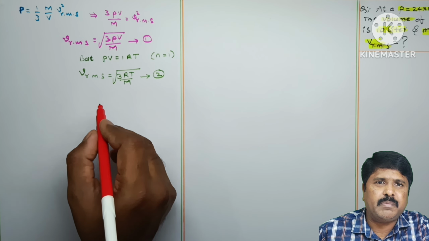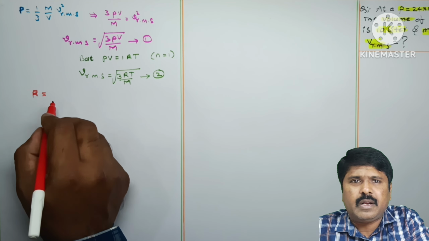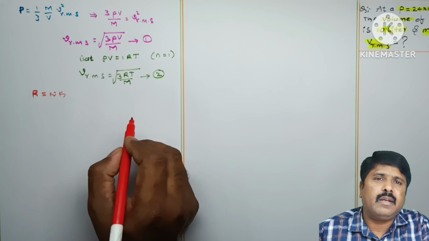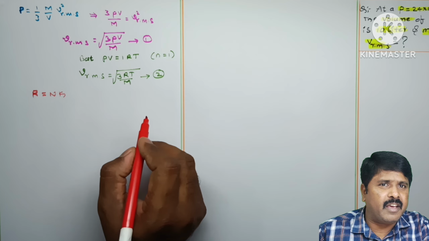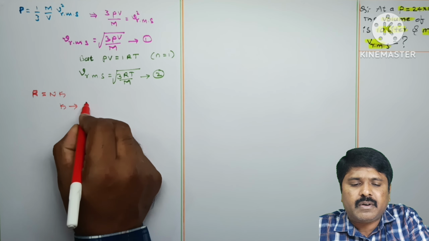And also next introducing, we can write K as the Boltzmann constant. So capital R is equal to N into K, student. N is the Avogadro number, already I gave you information, but K is taken as the Boltzmann constant.